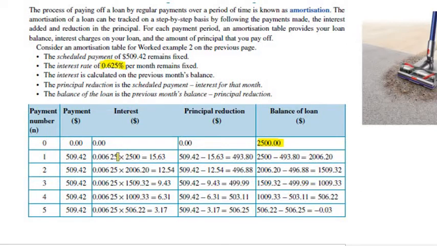When we convert a percentage to a decimal, you move the decimal point 2 places to the left. Then you multiply that by the amount of money you owe. I'm going to highlight that in a different color. So the amount of interest you need to pay on top of the money that you owe is $15.63.